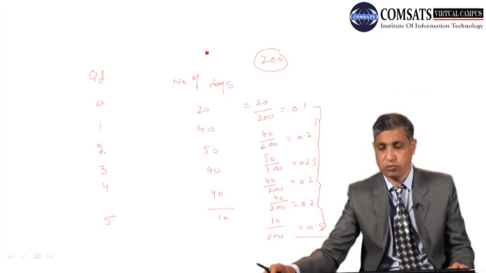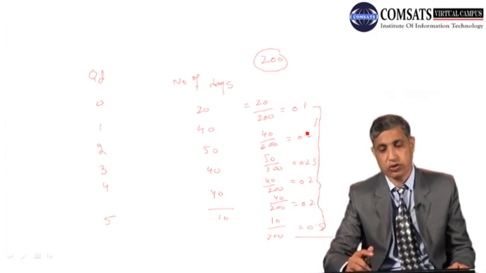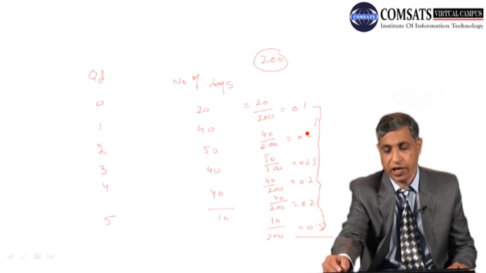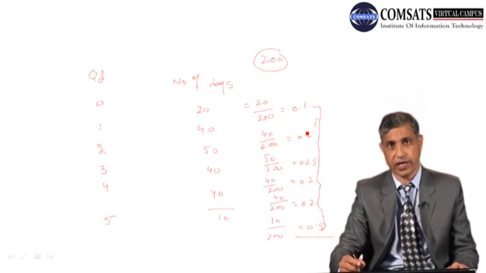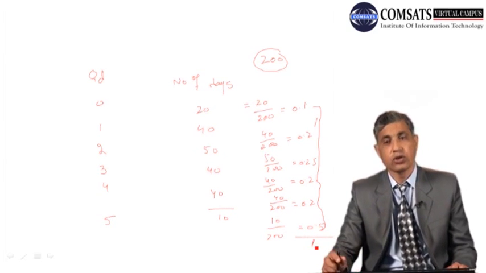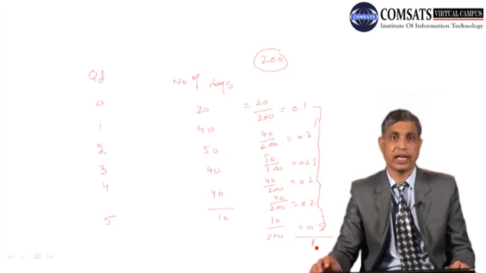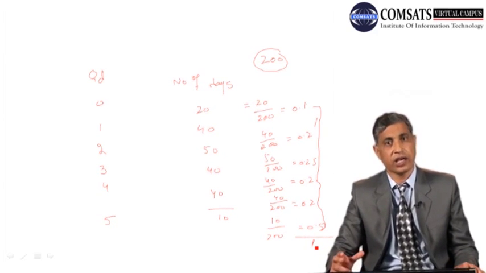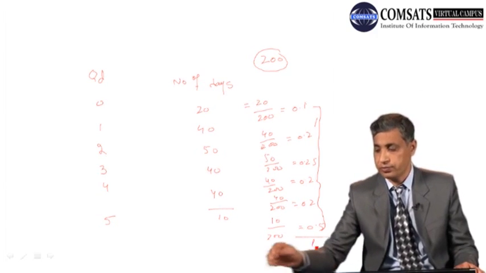So add up this 0.1 plus 0.3, this one 0.5, 0.7, 0.95 and 0.05 is equal to 1. So I can write here 1. So the second rule is proved, that the sum of simple probabilities of an event is equal to 1.